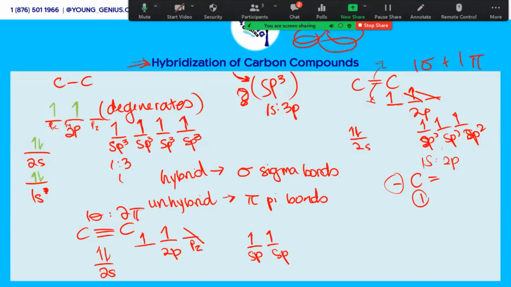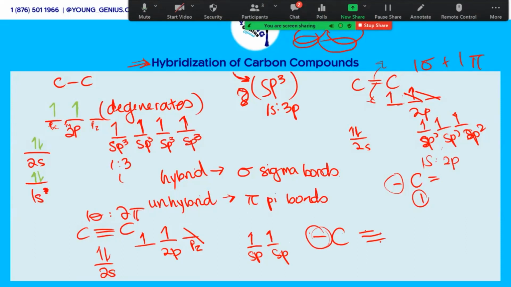And remember, I told you that the hybrid orbitals create sigma bonds. So you'll have the sigma bond forming and two free p orbitals forming pi bonds. So here you go for the triple bond. So in this case, 1, 2, 3 bonds. Clear so far?